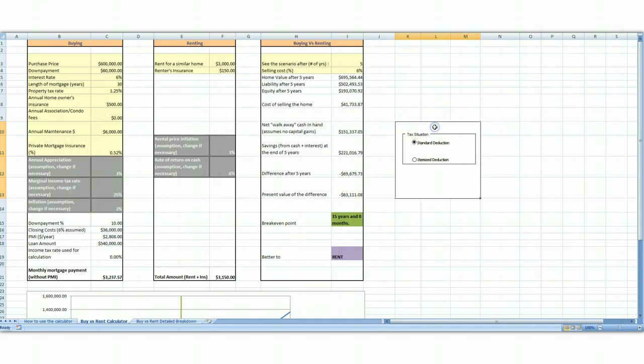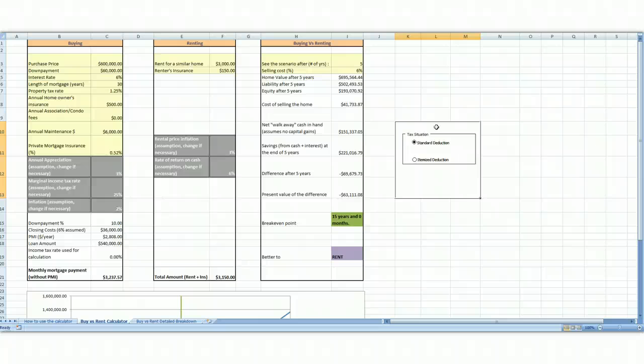Oh, and I forgot about the tax situation. So this tax situation depends on your individual amount you spend on different things like charity, state tax, and other property taxes.